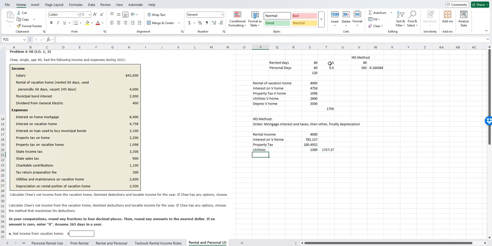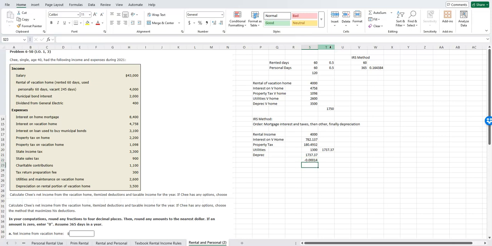All I can do is 1737 because I cannot go below 0. So I'm just going to plug that in, and I'm going to see that that gets me to a net income of 0. Didn't take a loss because I'm not allowed. I stopped at my 0. Probably going to have some rounding here, but basically it's 1737.37.